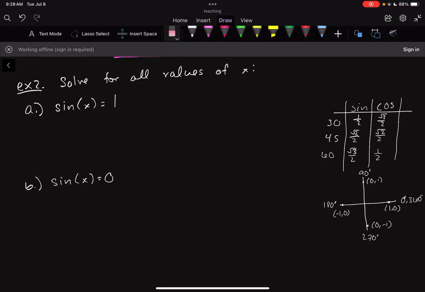Remember that sine is like the y of the coordinate. So that's only happening in one spot, up here at 90 degrees. So that means that x equals 90 degrees. And we'll just say plus 360k, just like we did with cosine. So in radians, this would be pi over 2 plus 2 pi k.